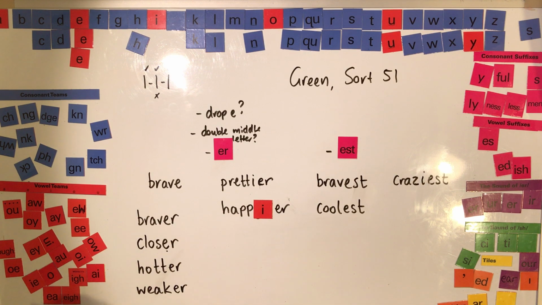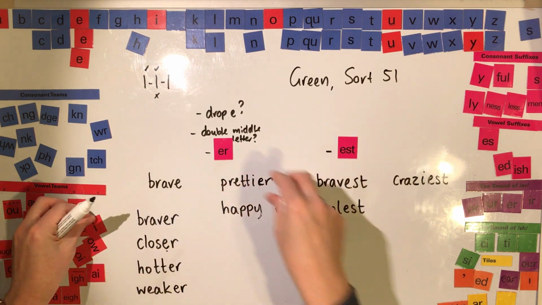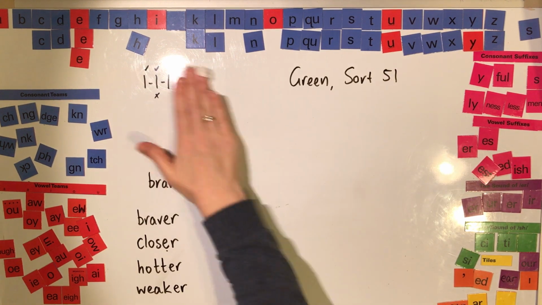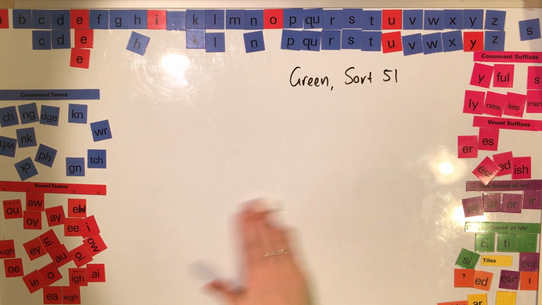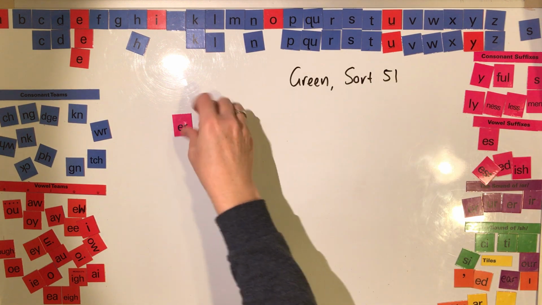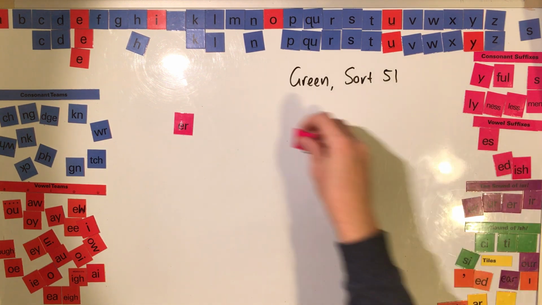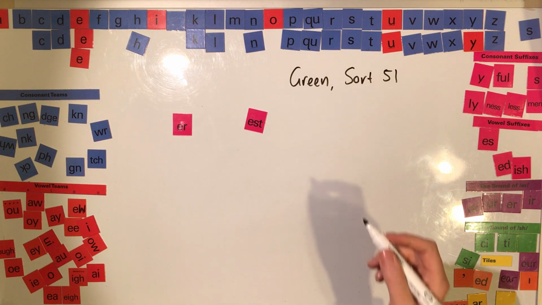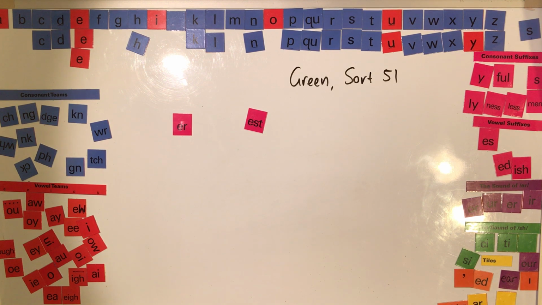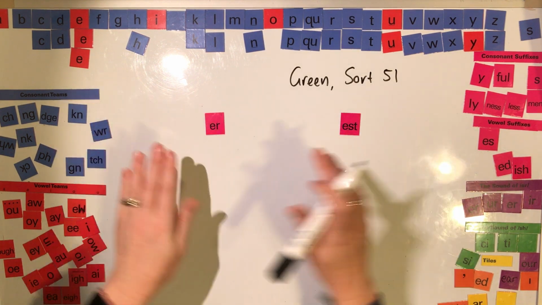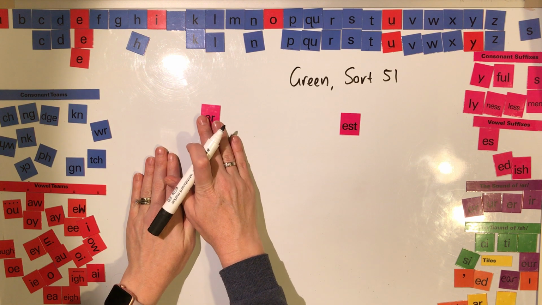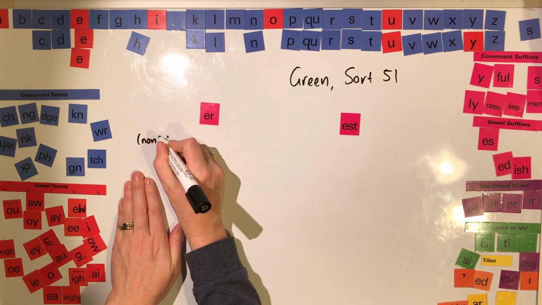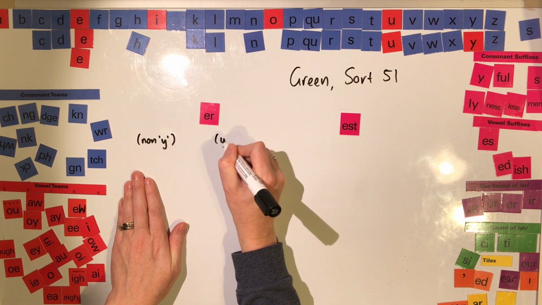Okay, let's whip through this word sort, because I have a feeling this video is getting rather long. Okay, let's go super fast. Right, so we've got er and est. We're going to have words that are non-Y words, and we're going to have Y words.